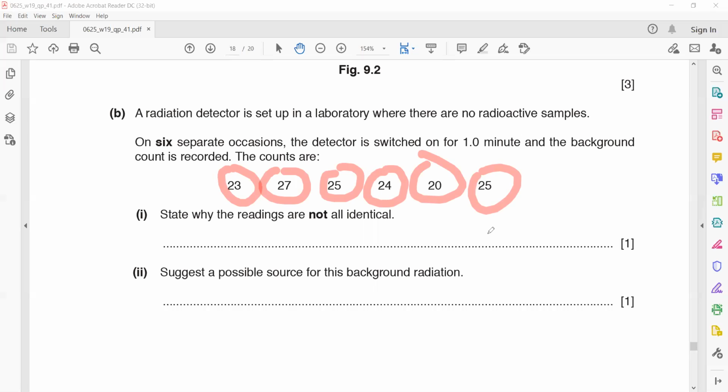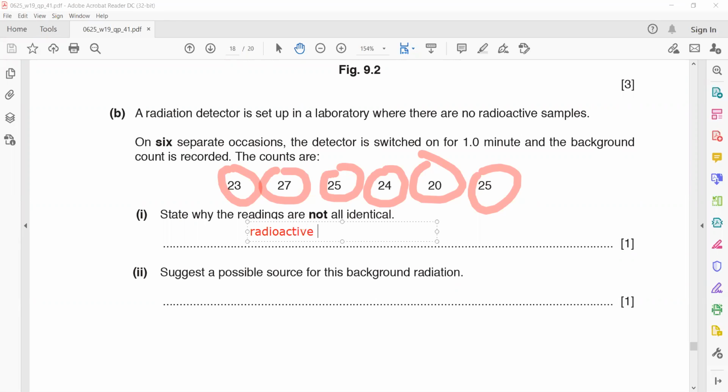Because radioactivity is a random process. Sometimes you might have more radiation, sometimes less. These emissions are not from a source, they are from the surroundings, and radioactive emission is a random process.